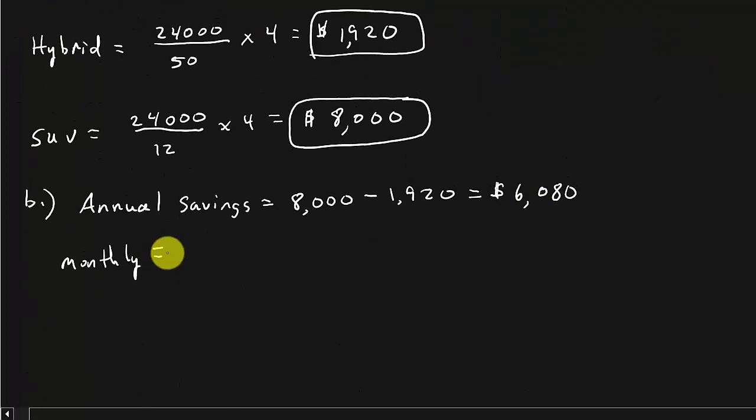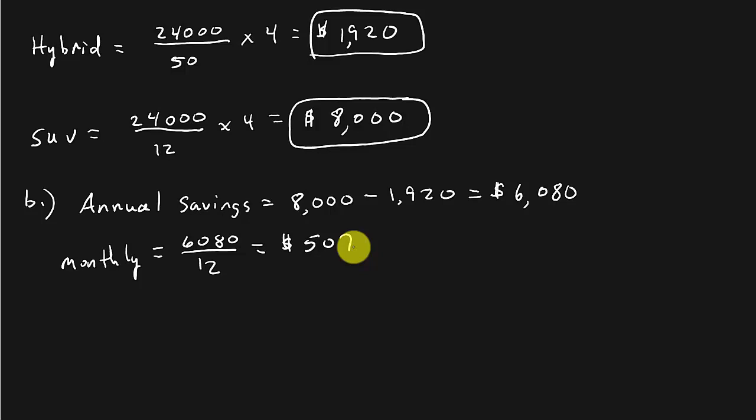That's just 6,080 over 12, because there are 12 months in a year. Rounding, that's about 507. So we're going to make monthly payments of 507, and we want to see how much we will have at the end of those 6 years.